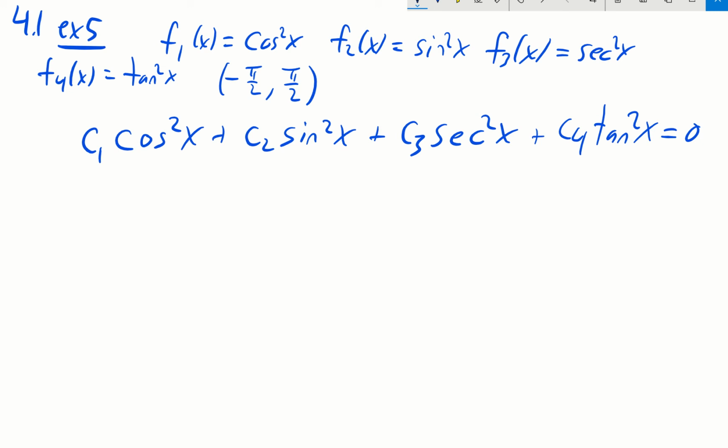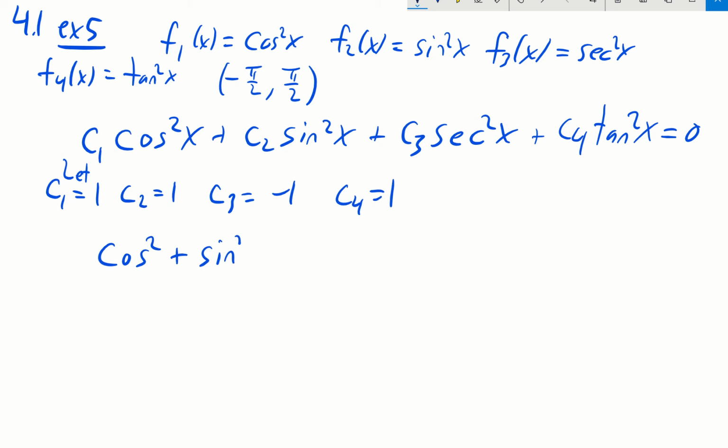And I claim the following will work. Let's let c1 be 1, c2 be 1, c3 can be negative 1, and c4 can be positive 1. Let's go ahead and plug this in. That would give us cosine squared plus sine squared of x minus secant squared x plus tangent squared x would be equal to 0.